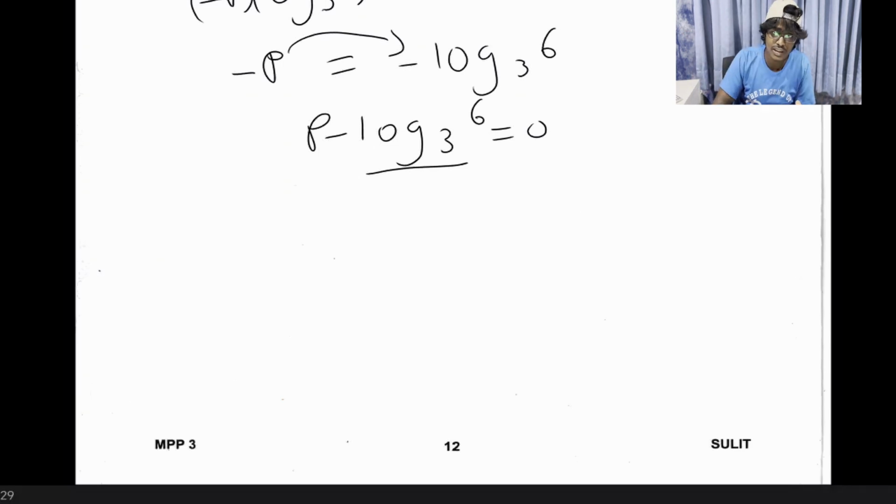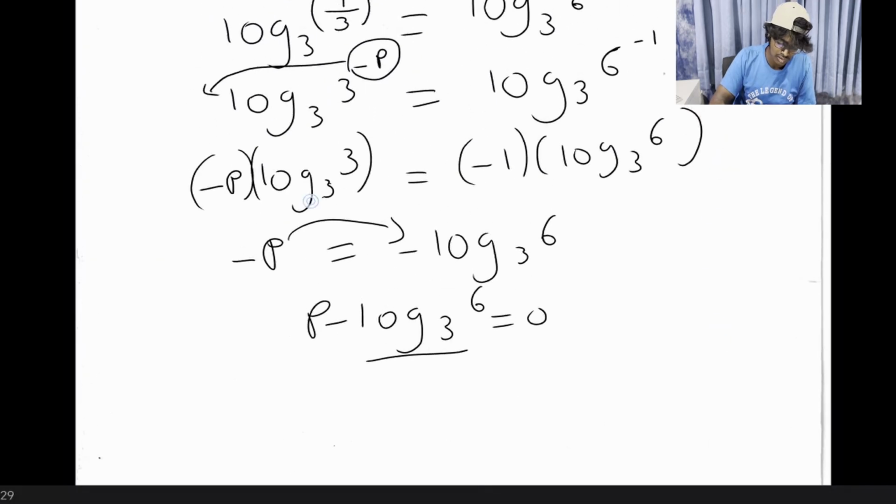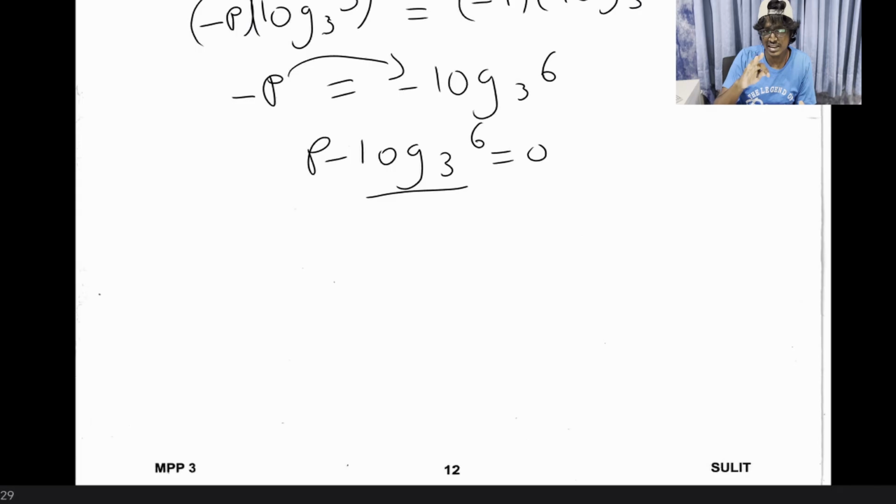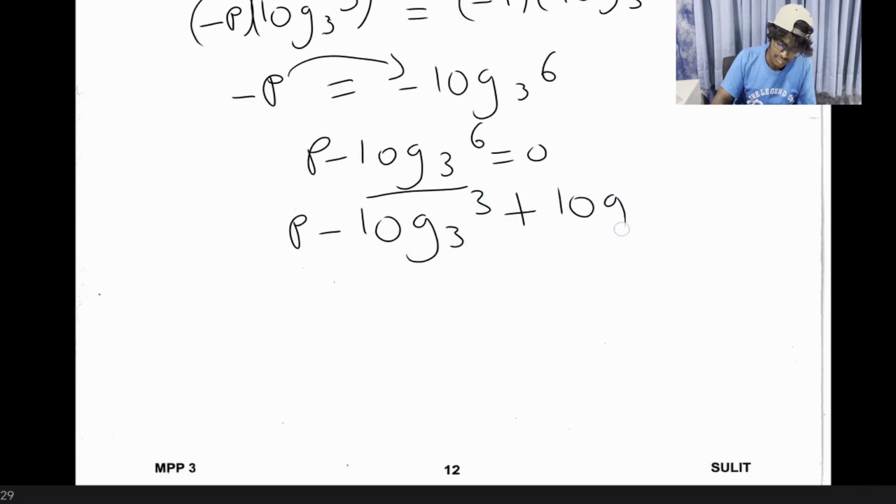Right now we see log 6. Let's think of it like this. Just now we noticed that log 3 will be 1, and 6 divided by 2 is 3, meaning if we separate it, it will look like log 3 plus log 2, equals 0.